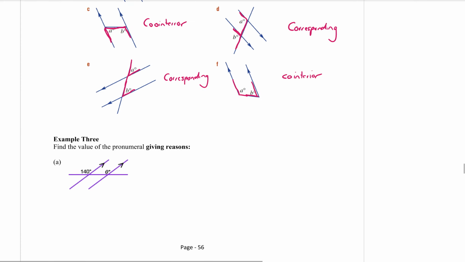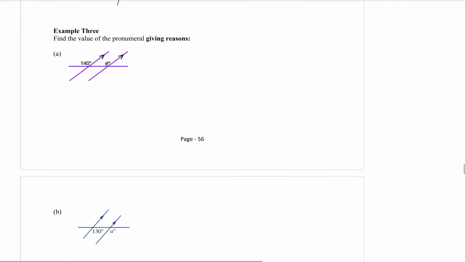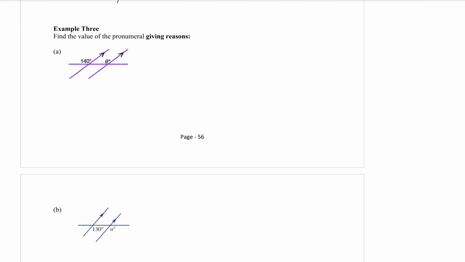All right, example number 3. We want to find the value of the pronumeral giving reasons. This is what the majority of your questions will be like. So we want to work out whether it's corresponding, alternate, or co-interior, and find the value of the pronumeral. So we can draw the arms around the two angles that we've got.